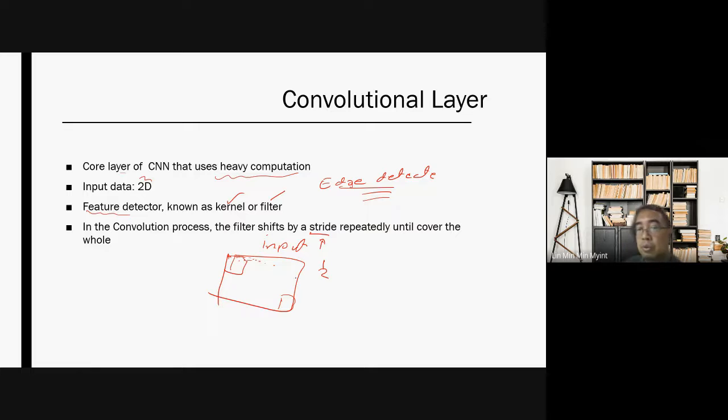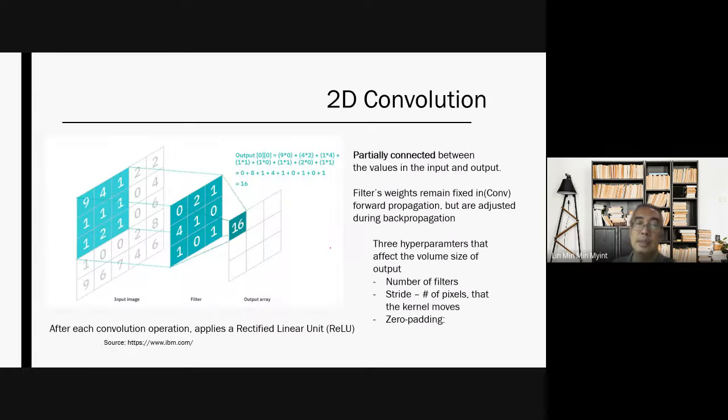In the convolutional layer, we call it partially connected. You can look at this one: this is our input image, this is the filter, and this is the output array.